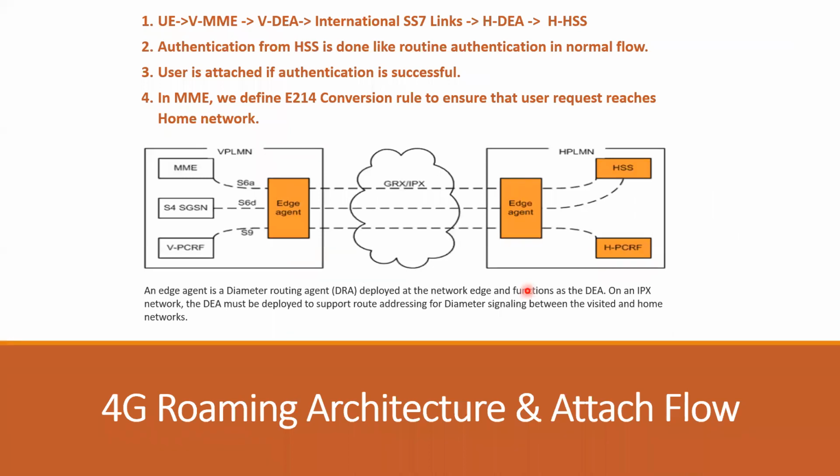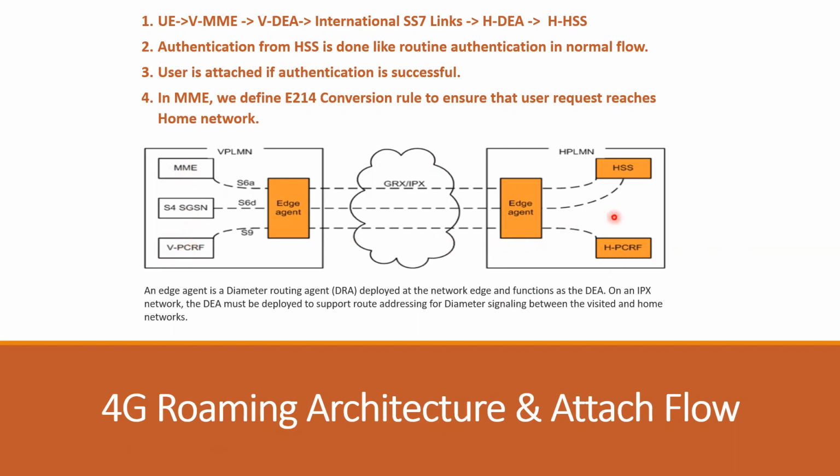Right? And when we look into the 4G roaming architectures, in this you have your visitor MME, you have your visitor SGSN, and you have your visitor maybe PCRF. This is an optional flow.